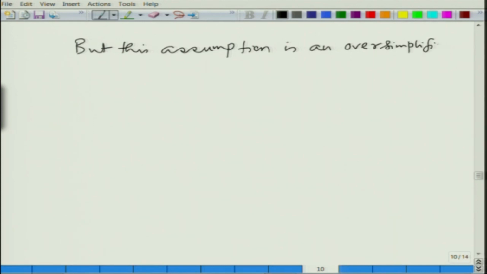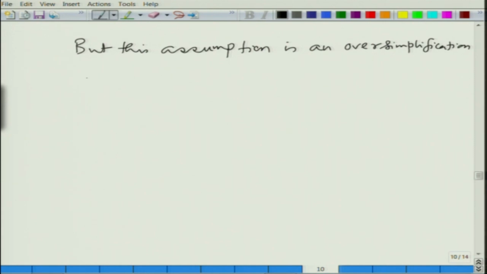But again, like any assumption, this assumption is an oversimplification. Okay. Why do I call it an oversimplification?